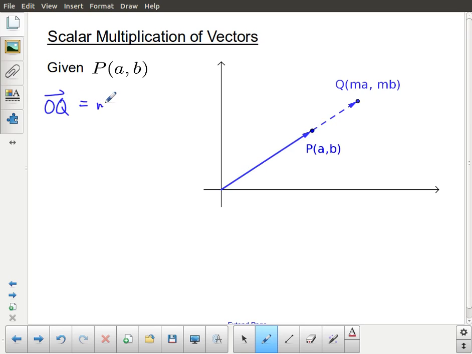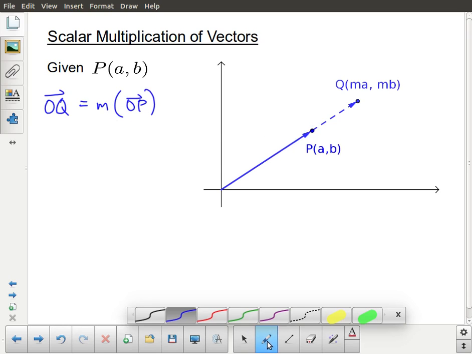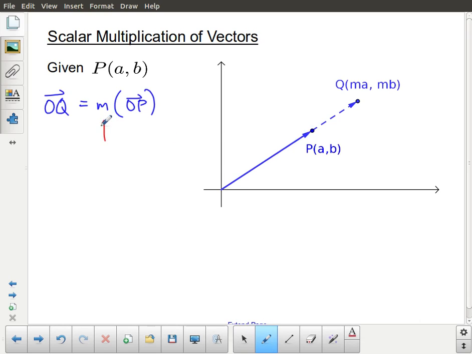So I'm going to say that's m multiplied by the vector OP. And that could be a stretch, or it could actually be a compression. So this is essentially some sort of scale factor, and that scale factor could give us a stretch. It could give us a compression.